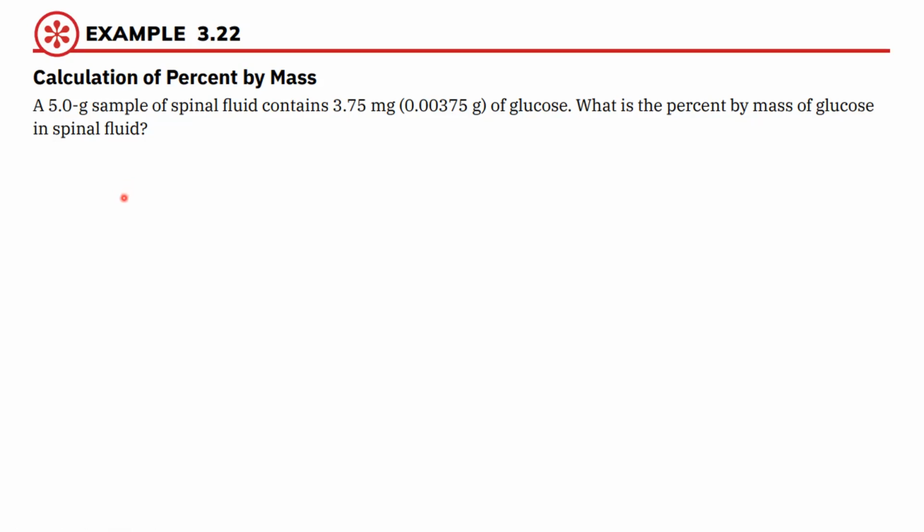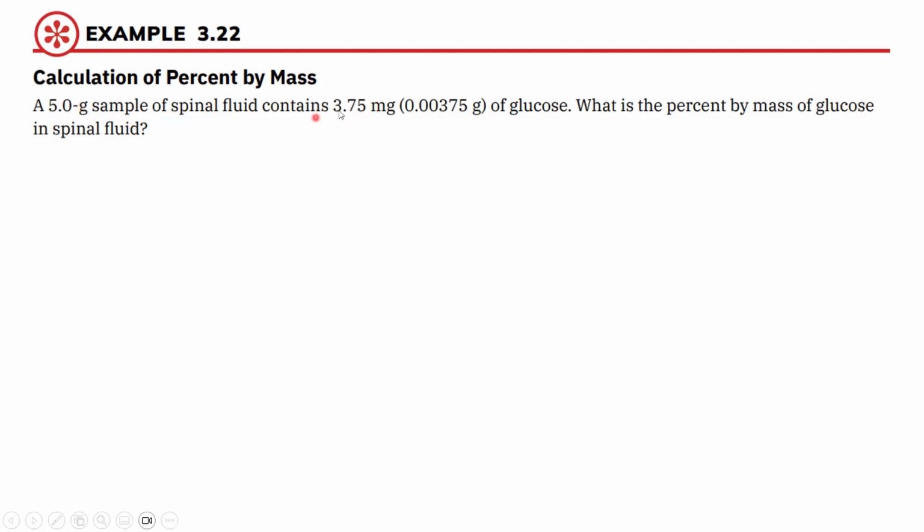So again, we're just going to do the mass of that component. So in this case, the glucose divided by the mass of the entire solution. So in this case, the 5-gram sample. But with it, we just need to make sure that those units match up. It doesn't actually matter what they are. As long as they're the same, they'll cancel. So that when we multiply by 100, we just wind up with a percentage. So with this one, since we've got 5 grams, we just want to make sure that we use the glucose value in grams rather than 3.75 milligrams.